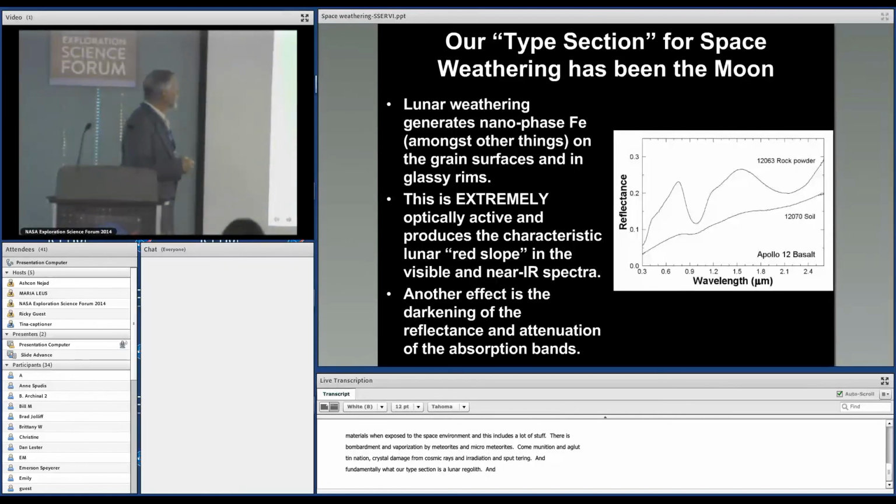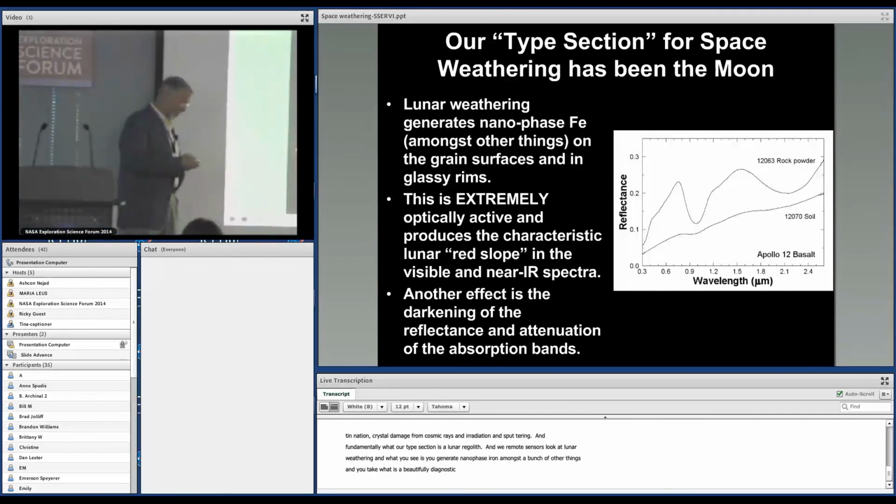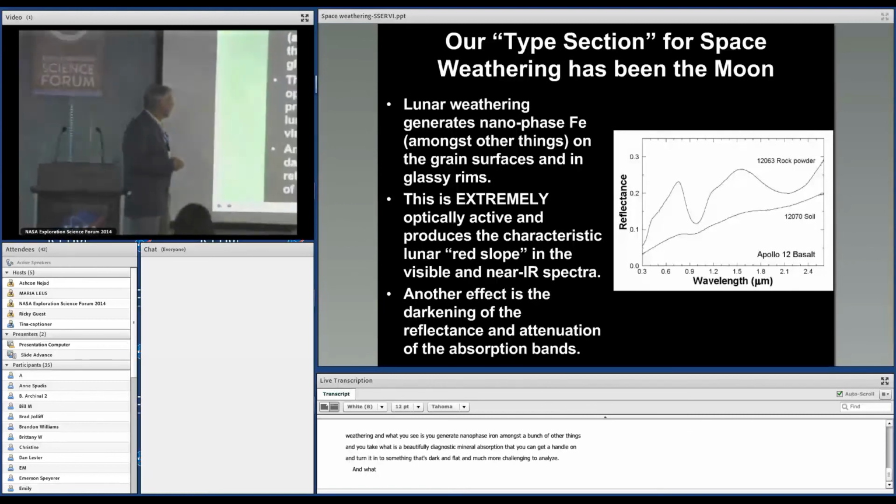And we remote sensors look at lunar weathering, and what you see is that you generate nanophase iron amongst a bunch of other things. Essentially you take what is a beautifully diagnostic mineral absorption that you can really get a handle on and turn it into something that's dark and flat and much more challenging to analyze.